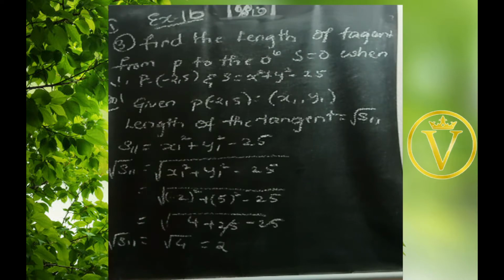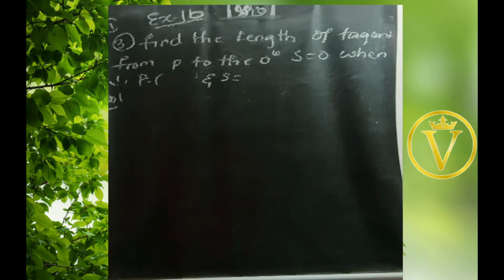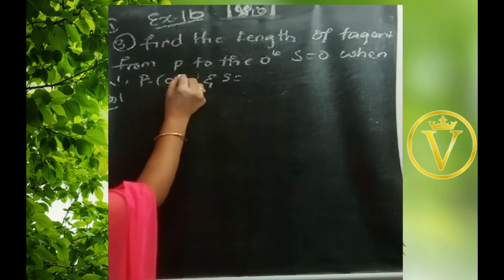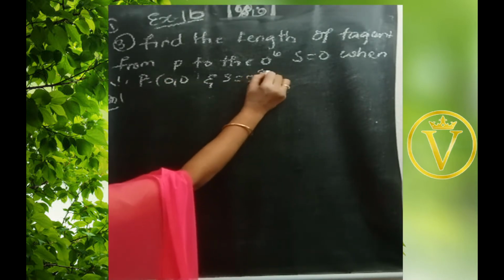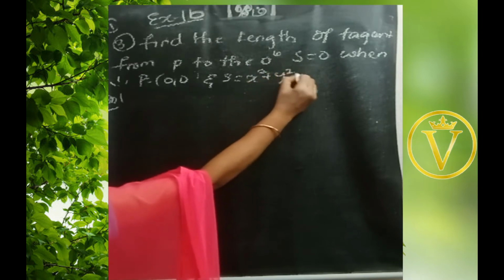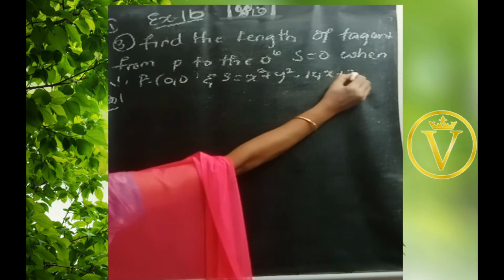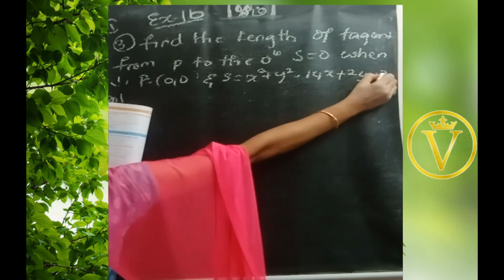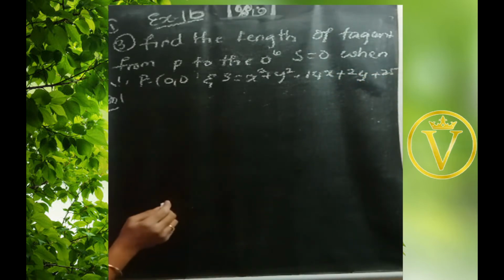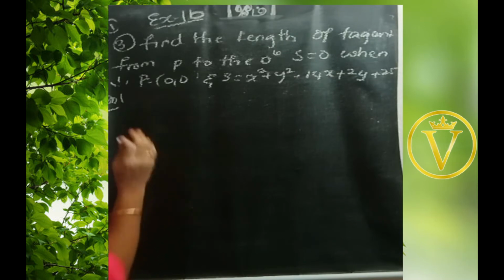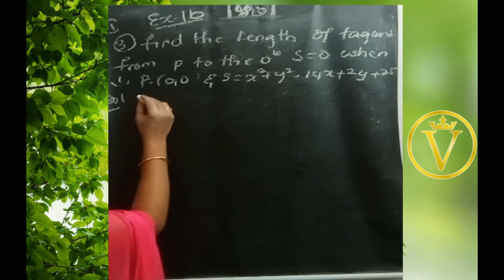Now we'll go for the second problem. Our second problem is 0 comma 0, and S is x square plus y square minus 14x plus 2y plus 25. Now we have to do the same as before.